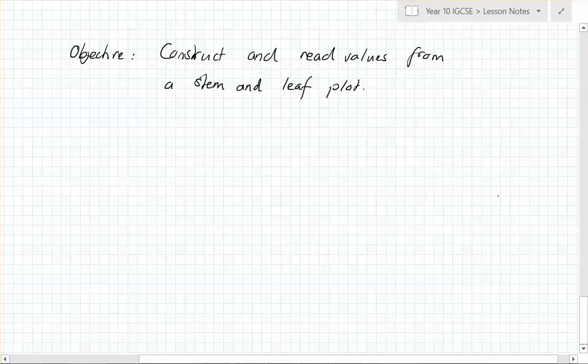So the first thing we're going to do is read a stem and leaf diagram. Okay, let's have a look at how we do it. Looking at example 4, on page 114, we're going to go through how that is what it is. We've got a list of those numbers.